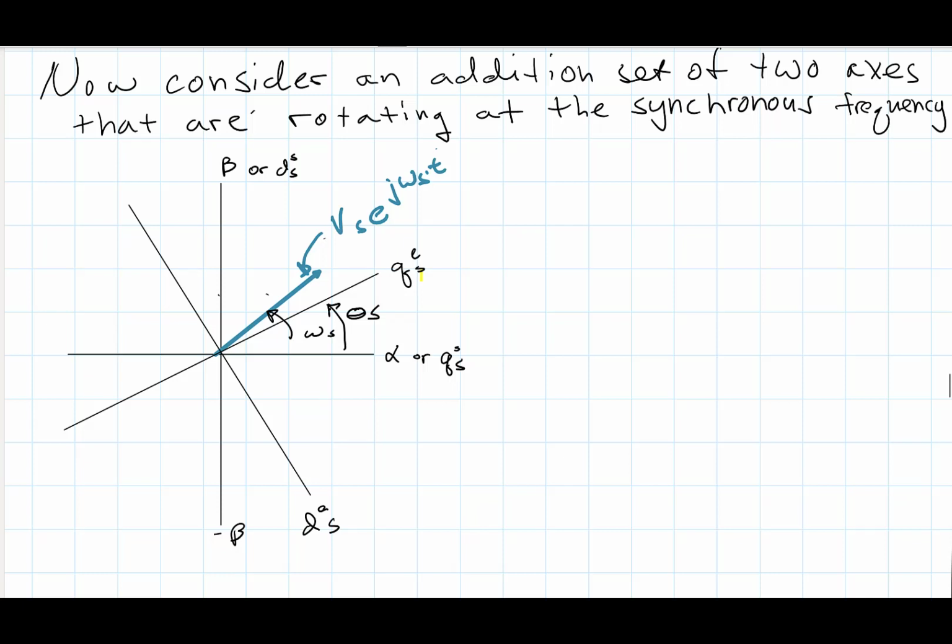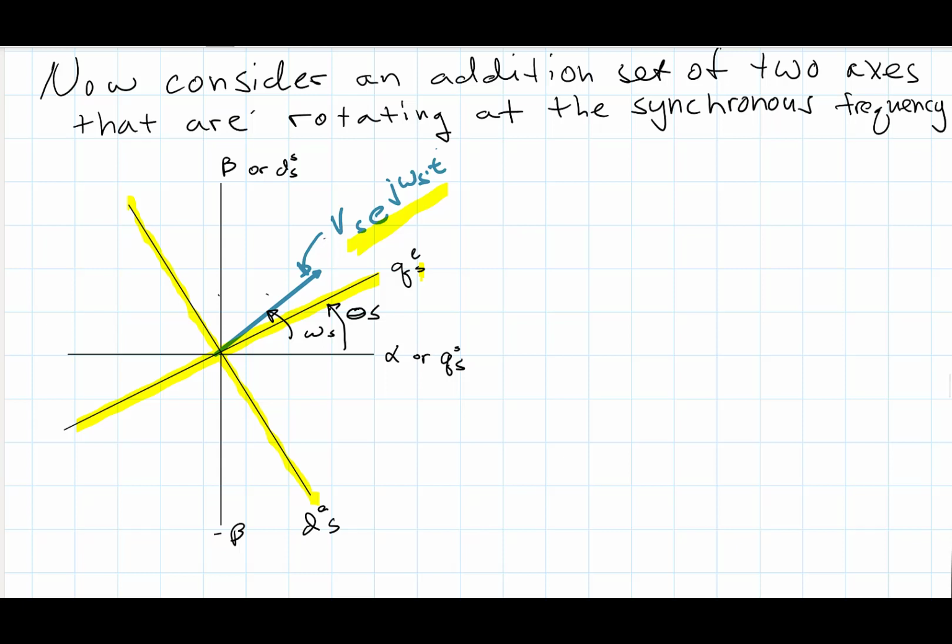Let me highlight these to point this out. That axis is the Q axis, and this axis is the D axis. I purposely offset them from the phasor here, because the phasor doesn't have to be on any of these axes.